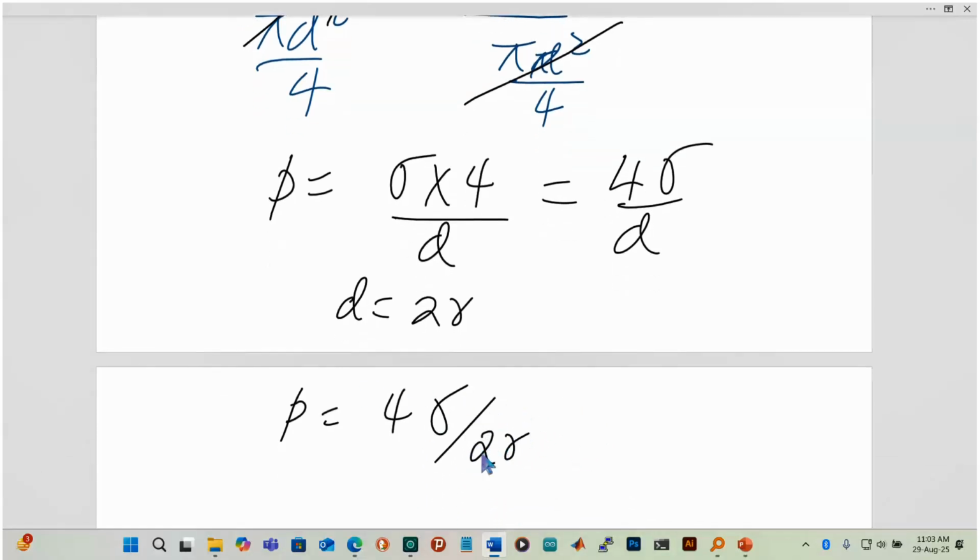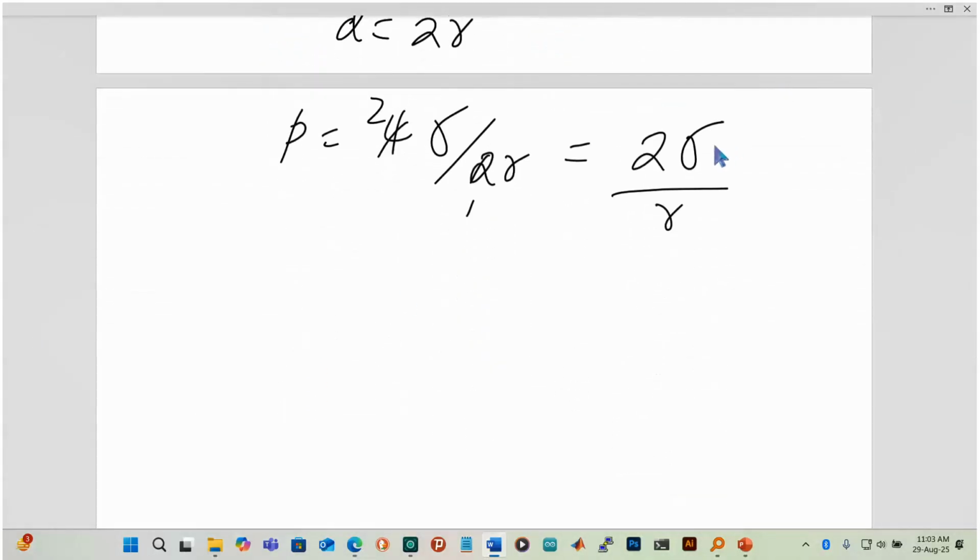So the 2 cancels with the 4, and this becomes 2 sigma divided by R. So given sigma, which is the surface tension, and radius of the sphere, which is the droplet, then we can determine the pressure intensity, which is the pressure value above the atmospheric pressure, which is outside the water droplet. So therefore, P will always be 2 sigma out of R.